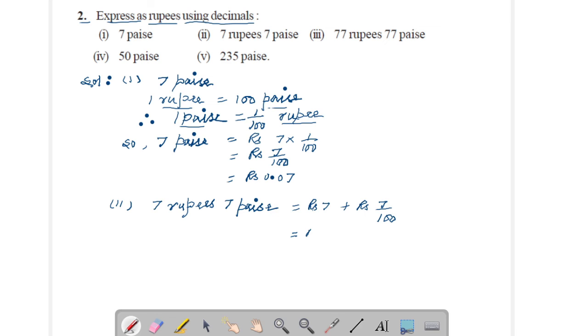This can be written as rupees 7 plus rupees 0.07 and then add it. What will you get? Rupees 7.07. This is your answer.